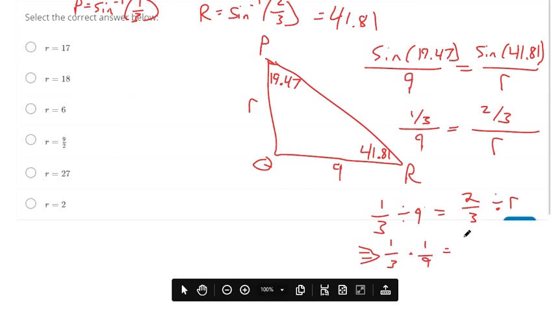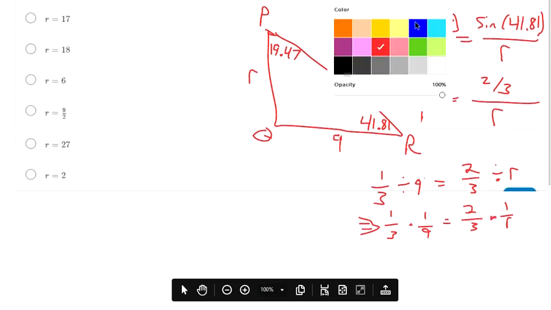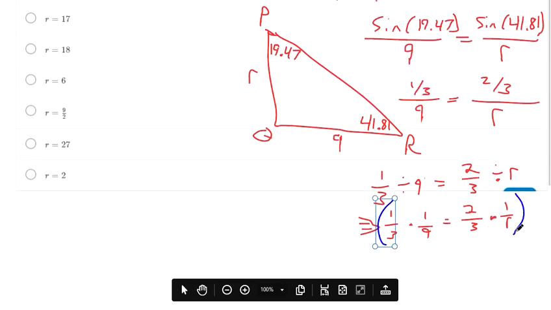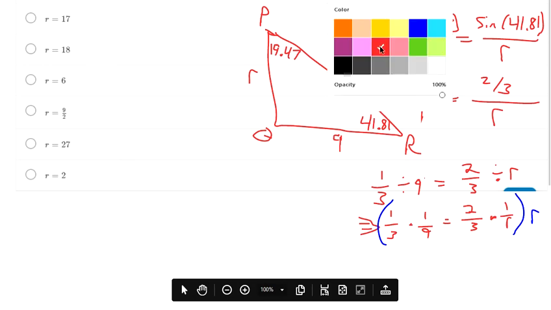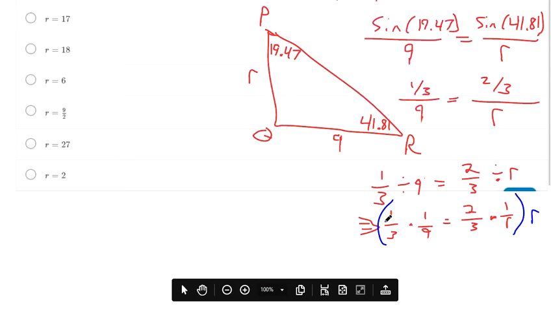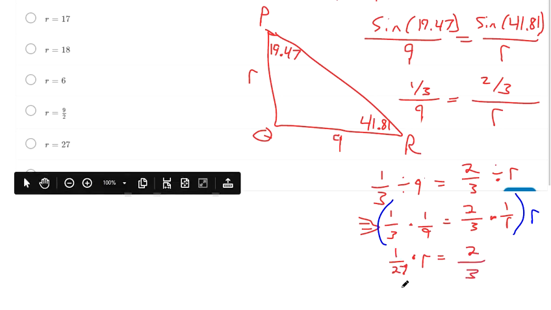And if we're dividing by r, that's the same thing as multiplying by 1 over r. So we're going to have an r in the denominator. So let's multiply both sides by r to get it out of the denominator. And then 1 over 27 times r equals 2 over 3. So in order to finish getting r by itself, you've got to multiply both sides by 27.